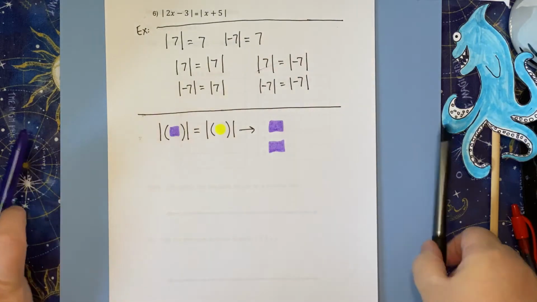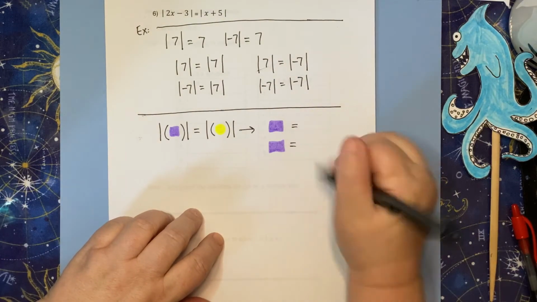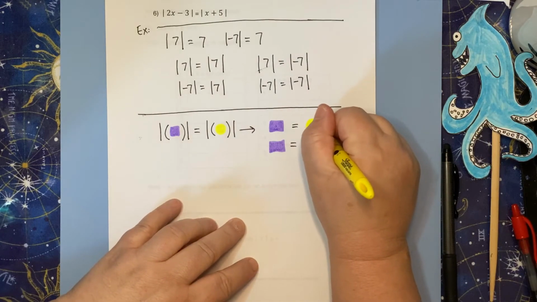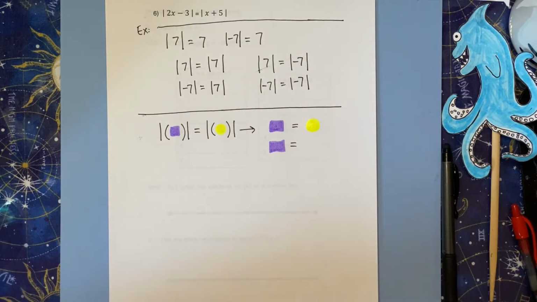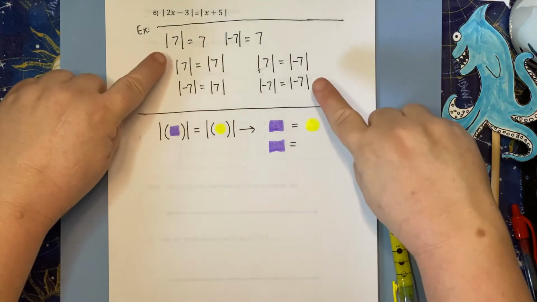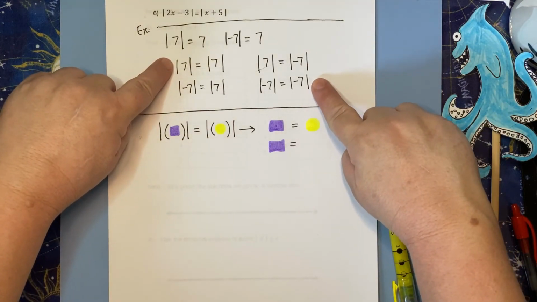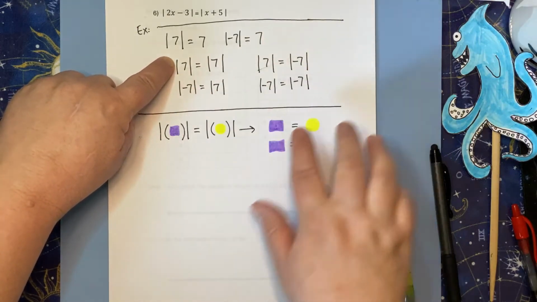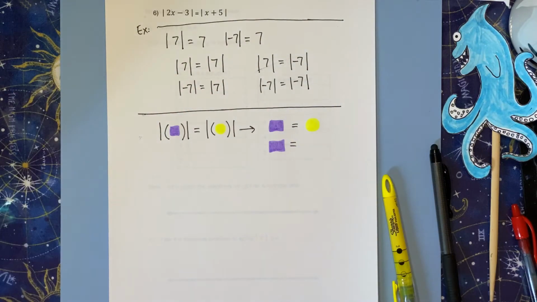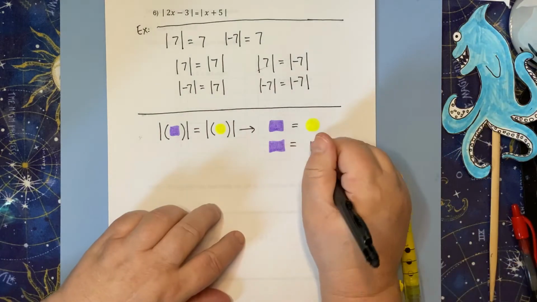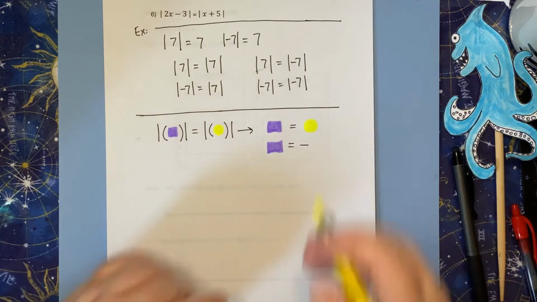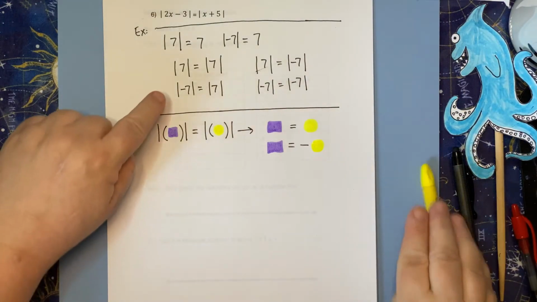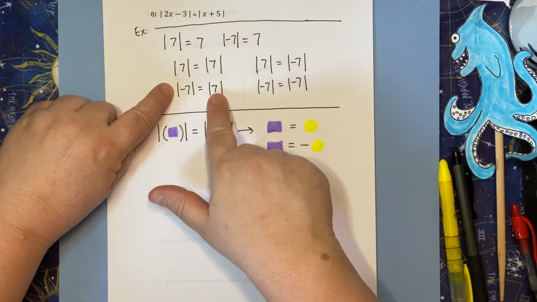Either the lovely purple square is exactly the same as the yellow circle, like 7 and 7, or -7 and -7, so they match. Or the purple square is the opposite of the yellow circle, like the situations where one is negative and one is positive.